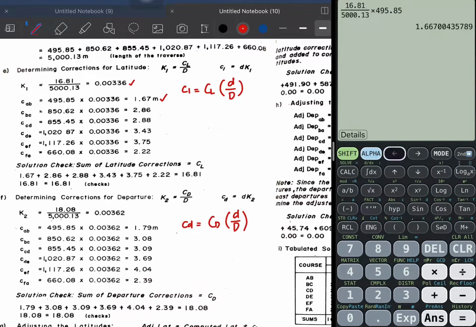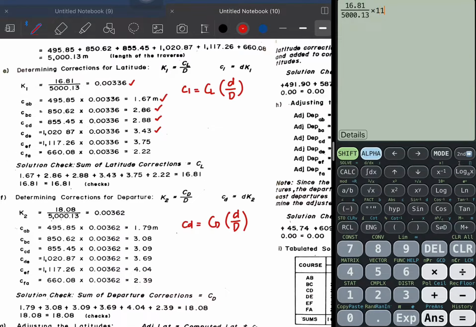Okay, correct. Next is 850.62. So correct. Same answers. And then 855.45, 2.88. Okay, correct. Then line CD, 1020.87. So correct.